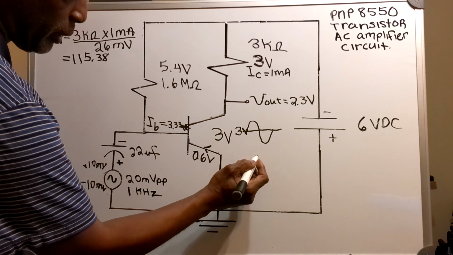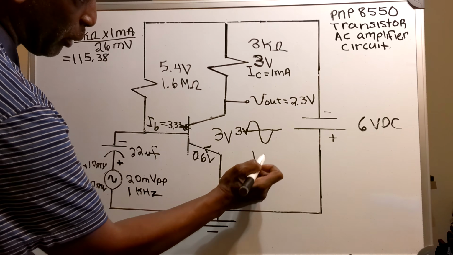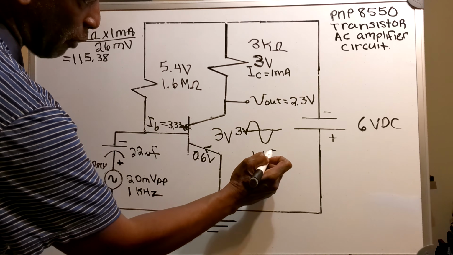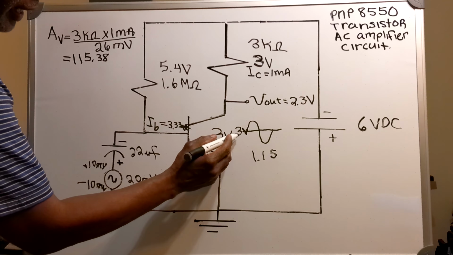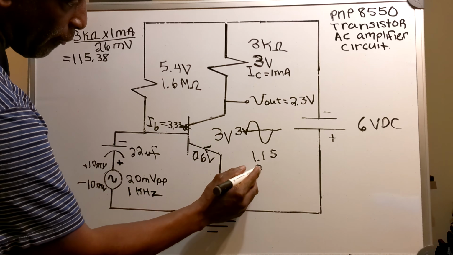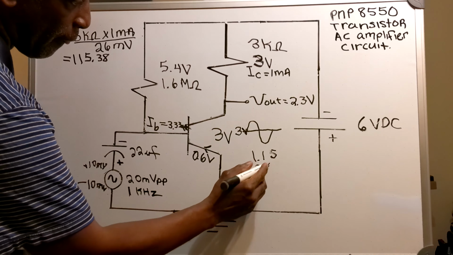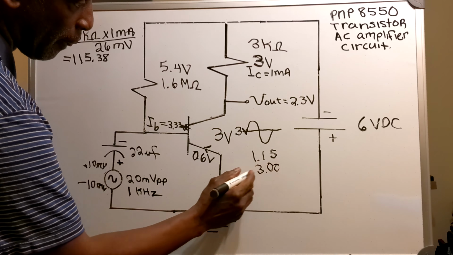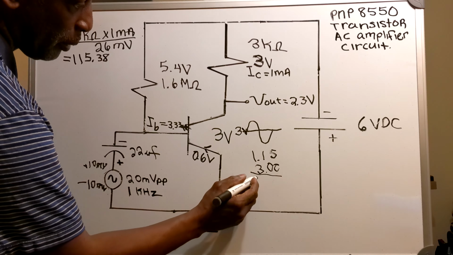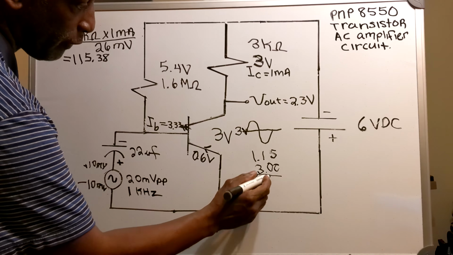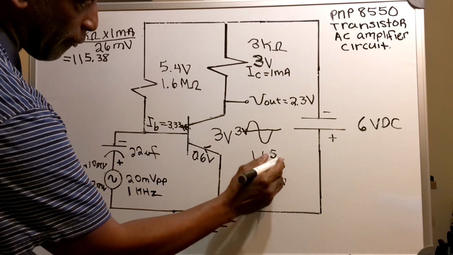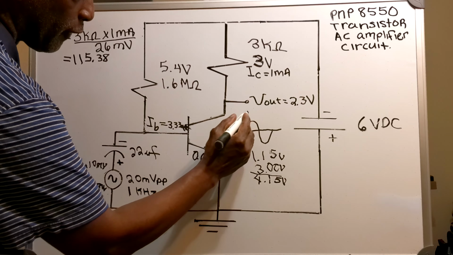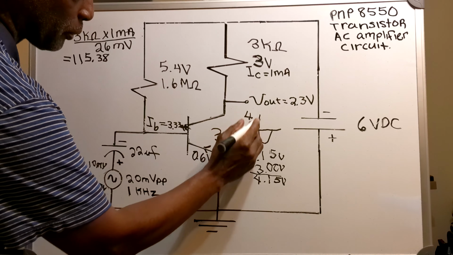And that will give me 1.15 volts rounded off. Now I will add 3 volts. That will give me 4.15 volts at the top.